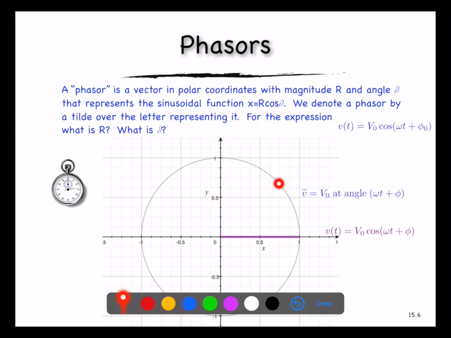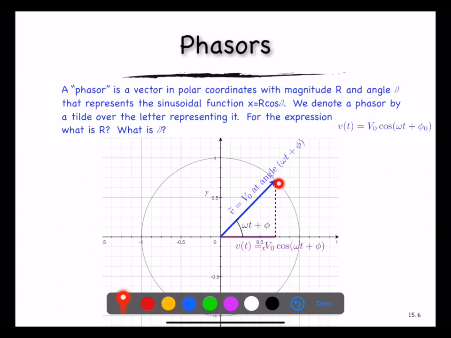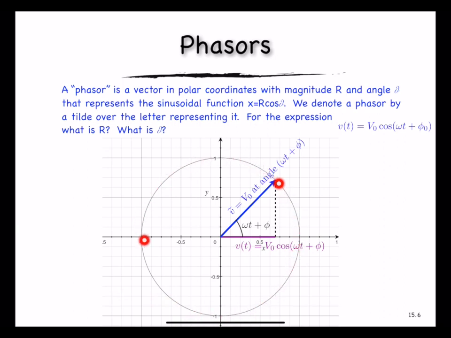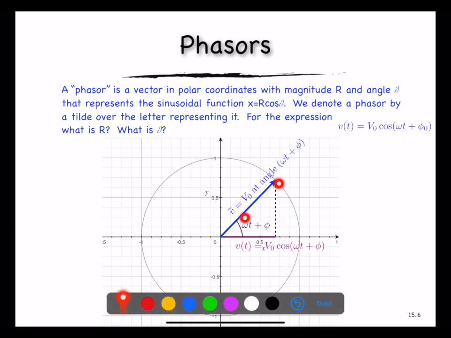And so the idea is that if we look at the projection of our vector onto the x-axis, then as the phasor rotates around the origin, because the angle that it makes is time-varying, the x component of that is going to be the amplitude, or the length of the phasor, times the cosine of the angle that it makes. That's the x component. And this then is our time-varying function.